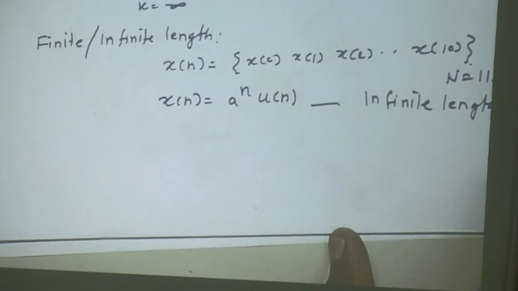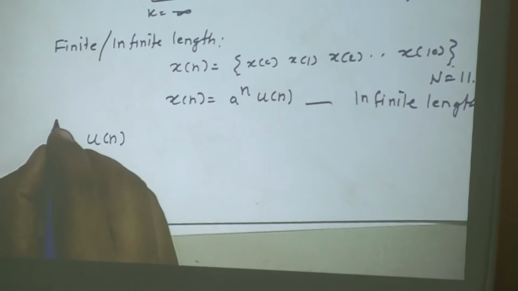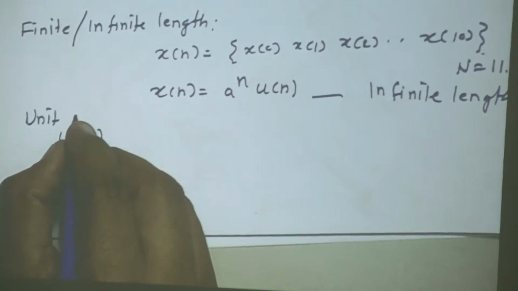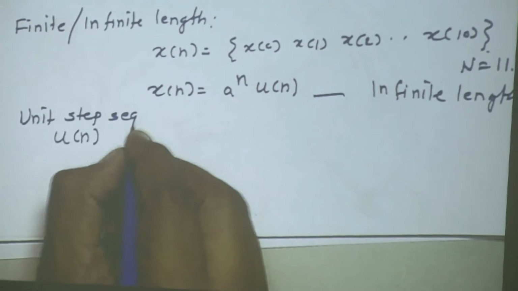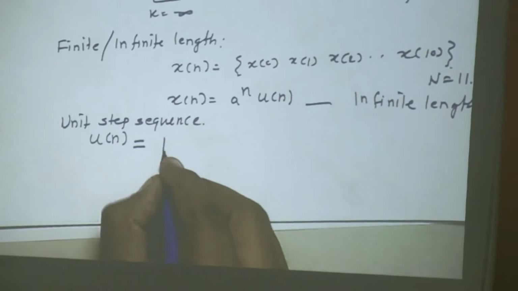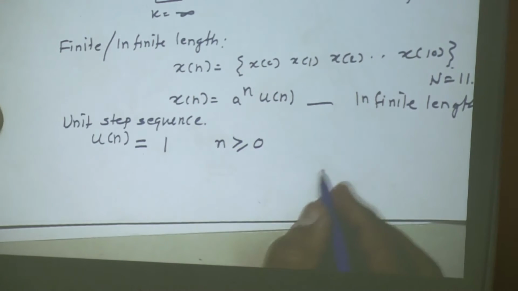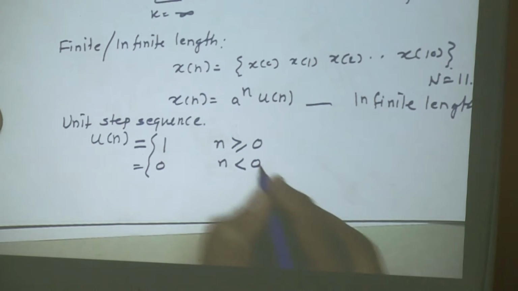Alright, let me take this opportunity to define u[n]. What is u[n]? It is the unit step sequence. u[n] is defined as 1 for n greater than or equal to 0, and is equal to 0 for n less than 0.